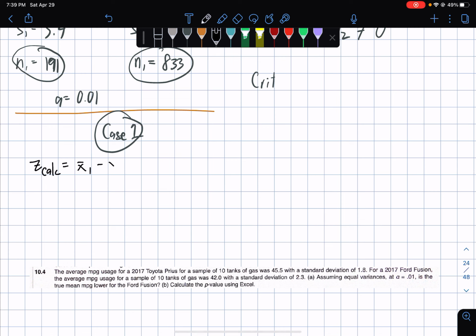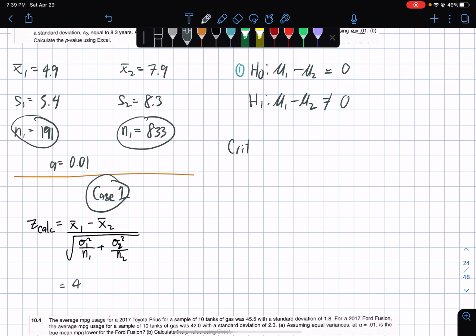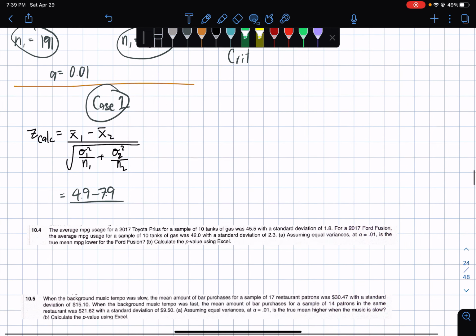X bar 1 minus x bar 2 over square root of sigma1 raised to 2 over n1 plus sigma2 raised to 2 over n2. This is the formula. X bar 1, x bar 2, 4.9 minus 7.9. And then the square root.